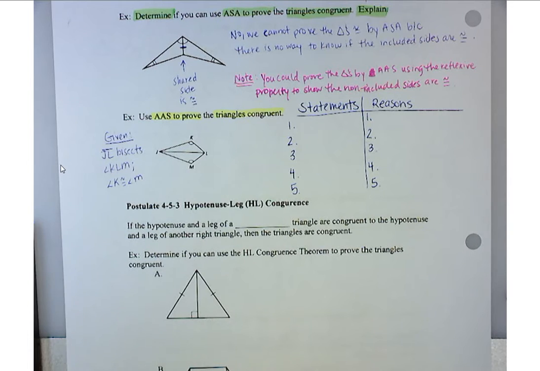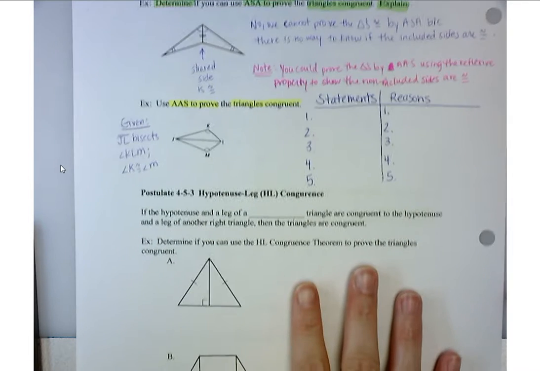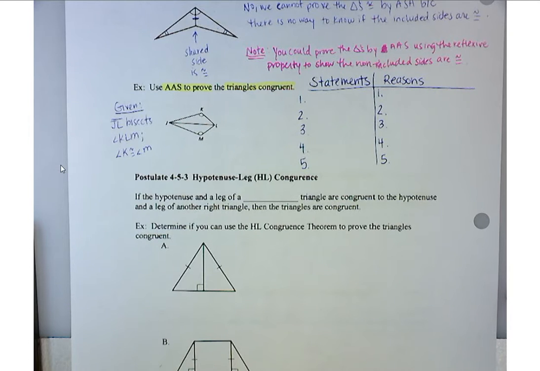You don't necessarily have to write something down right now, but if you and your elbow partner decide that you're confident in what you want to start with, you can. But I want you to just talk to your elbow partner about which given statement you should start with and why, because you have 2 given statements. And if you can start with that and do the next one, then I want you to do it.